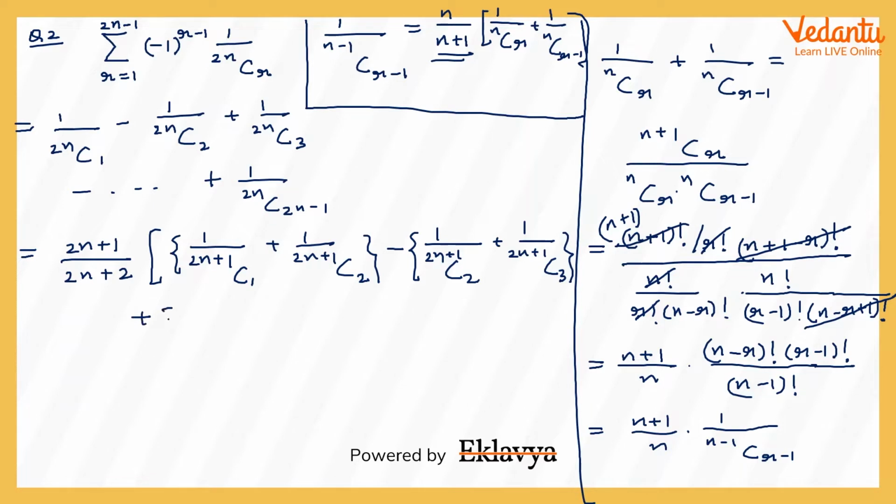And then plus 1 upon 2n plus 1 c3, plus 1 upon 2n plus 1 c4, and so on.